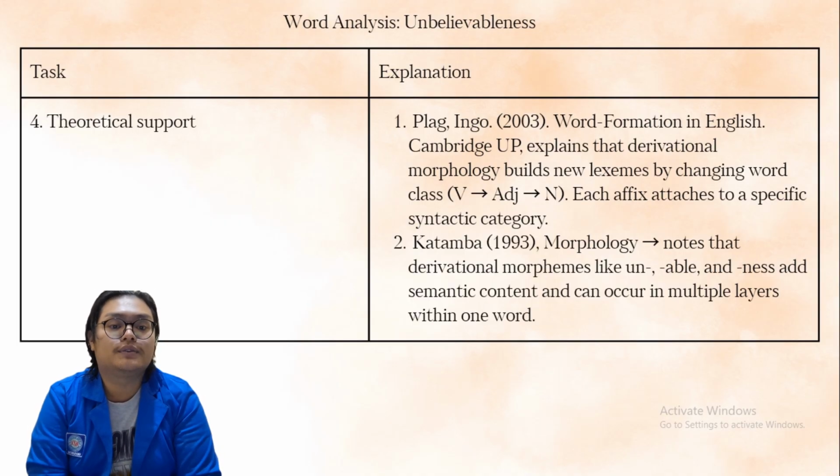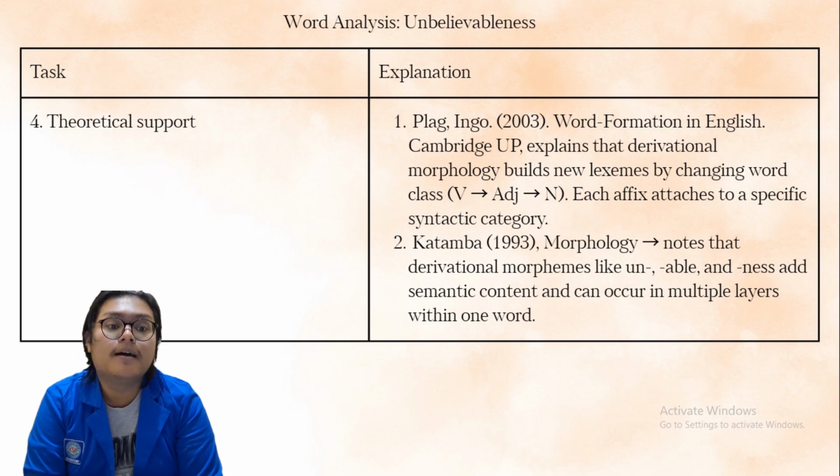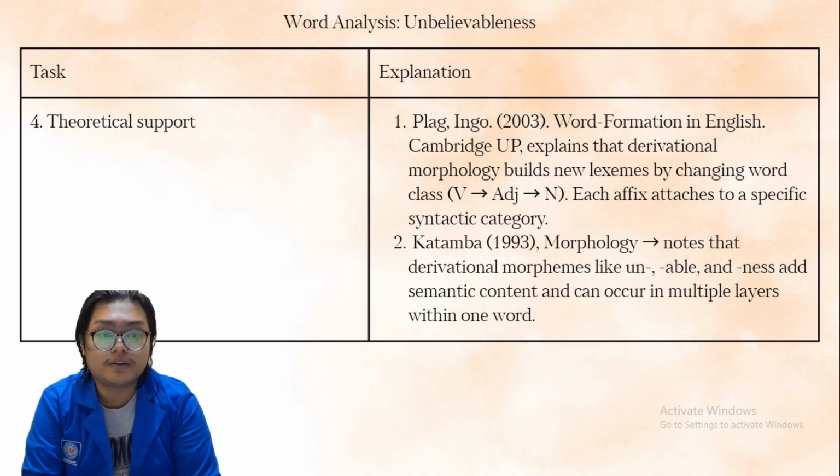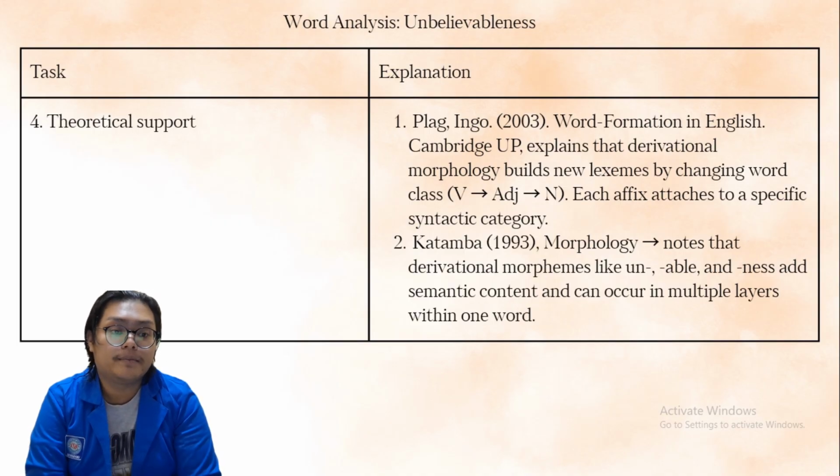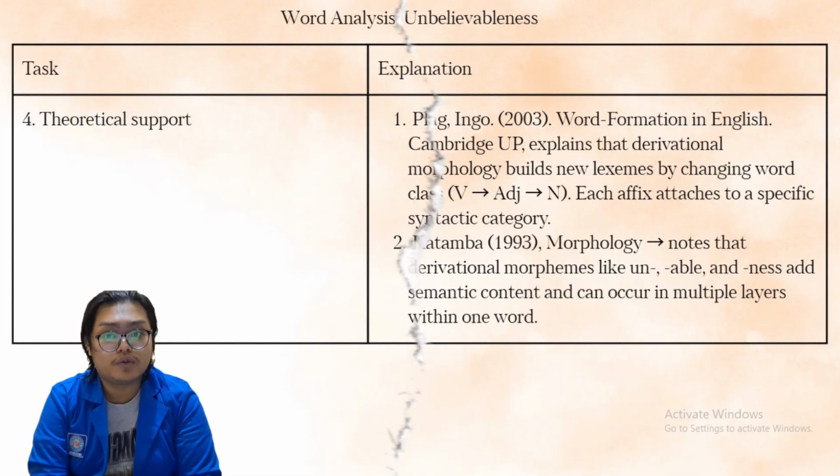Each affix attaches to a specific syntactic category. 2. From Katamba 1993, Morphology, which notes that derivational morphemes like un, able, and ness add semantic content and can occur in multiple layers within one word.